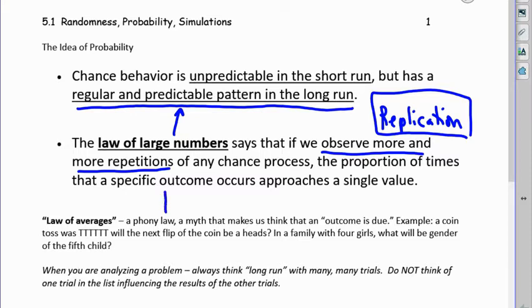So basically, the probability from your experiment or simulation or whatever your trials will get closer and closer to the probability of the truth.